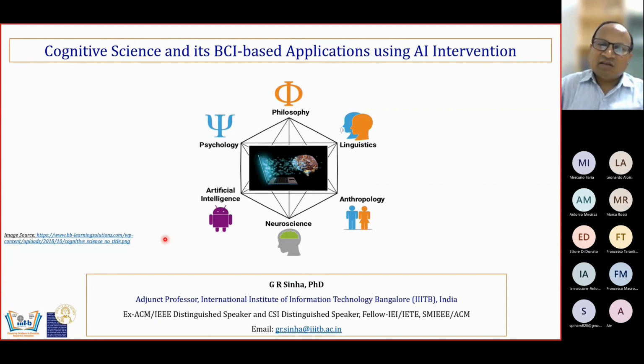With this, let's start with cognitive science first. But in this very first lecture, we'll try to understand an overview of the topic, an overview of cognitive science, and an overview of BCI. Of course, we will not talk much about AI intervention in today's lecture.